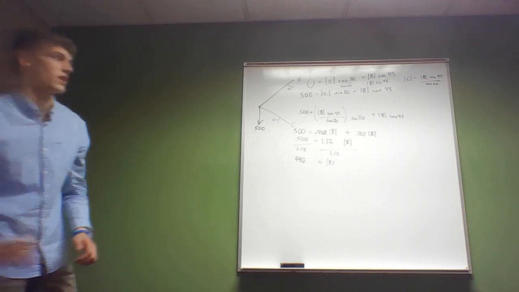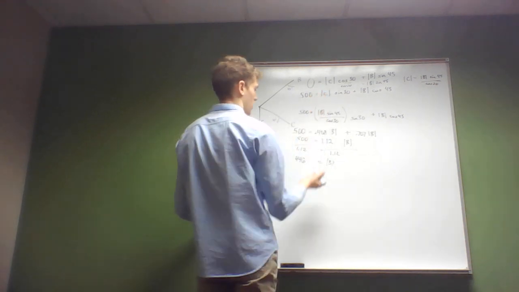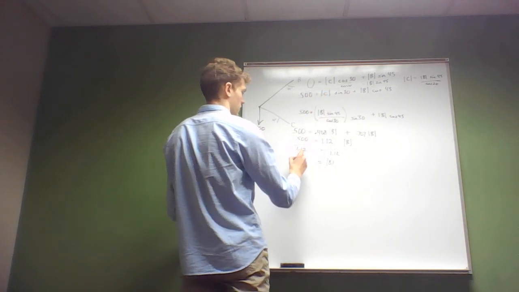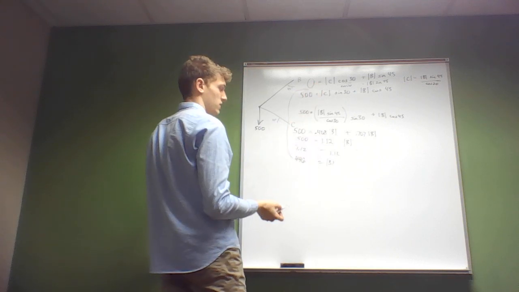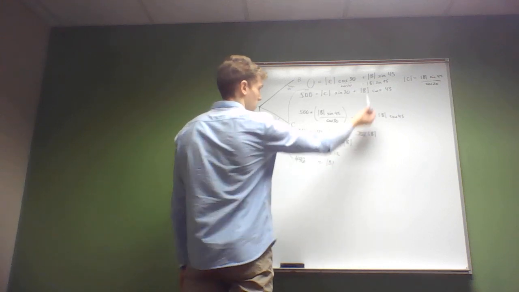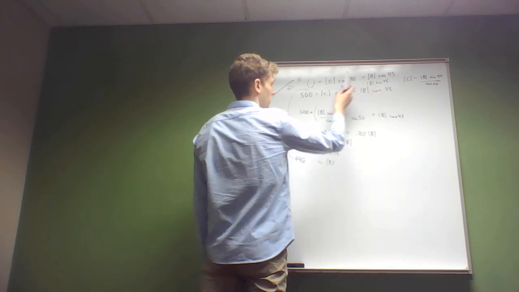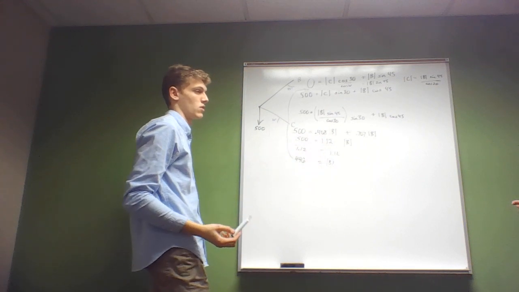Then you plug this back into either of these equations and solve for the other. You plug B back in, solve it through, and you're left with C, your second magnitude, which is the other question on there.